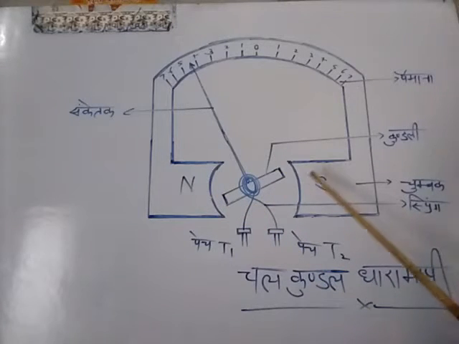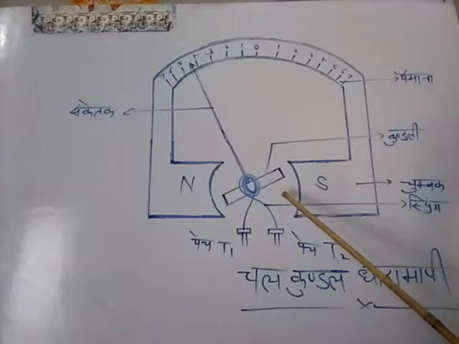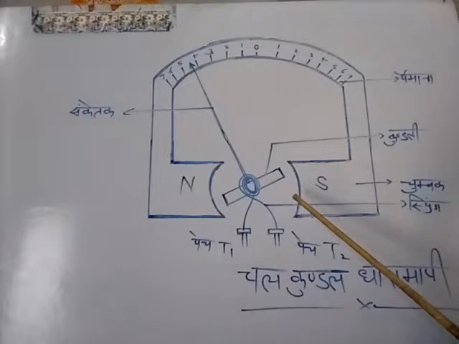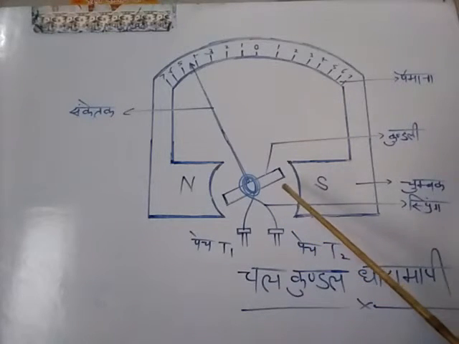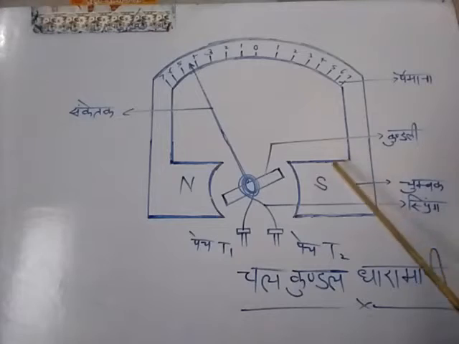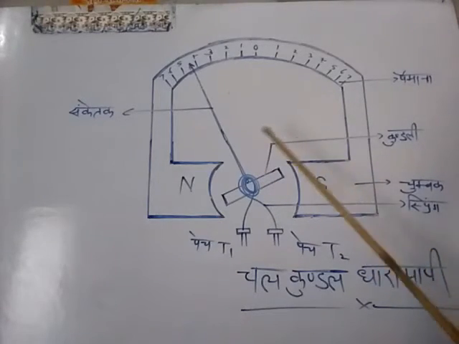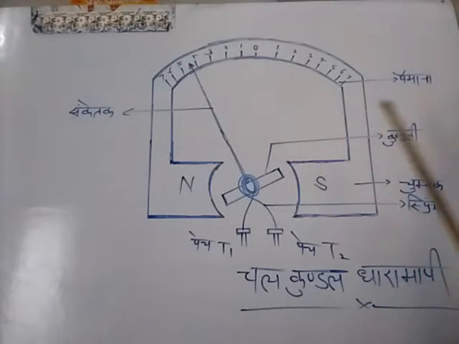The magnetic field between the magnetic poles produces a torque on the coil, and the coil deflects, rotates between the magnetic poles N and S, and the pointer moves on the scale of the galvanometer.